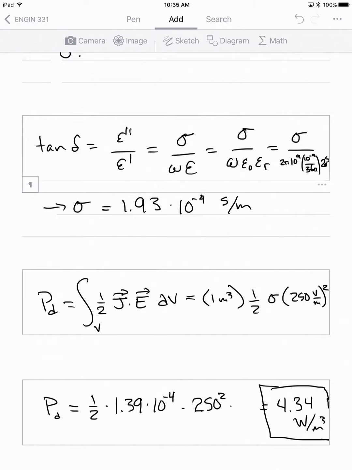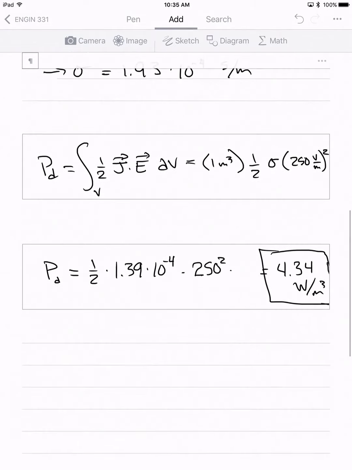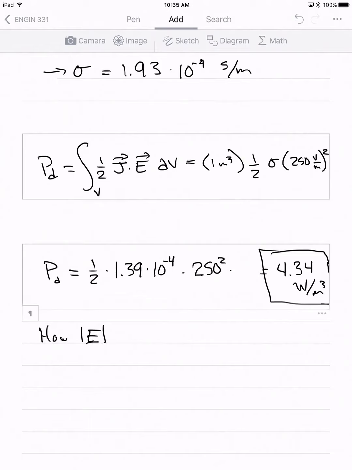All right. That was a pretty quick problem, but it gives us a little less physical insight than I want. So I also want to know, how does the magnitude of that electric field depend on distance? To do that, we have to look at the attenuation constant.